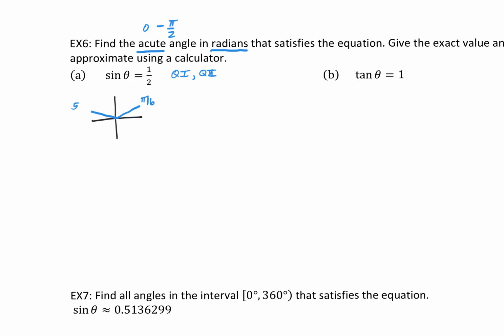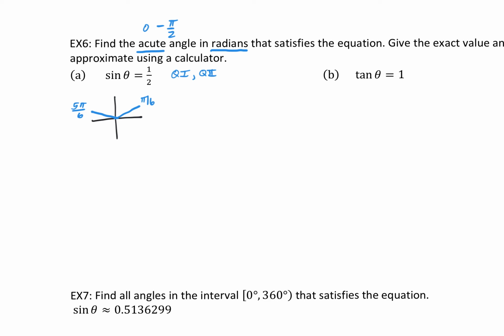But it's also true that sine of 5 pi over 6 is a positive 1/2. And now these are not my only two answers. Remember, we can go around infinitely many times. So if I add 2 pi to pi over 6, I have another angle where sine is going to be equal to a positive 1/2.